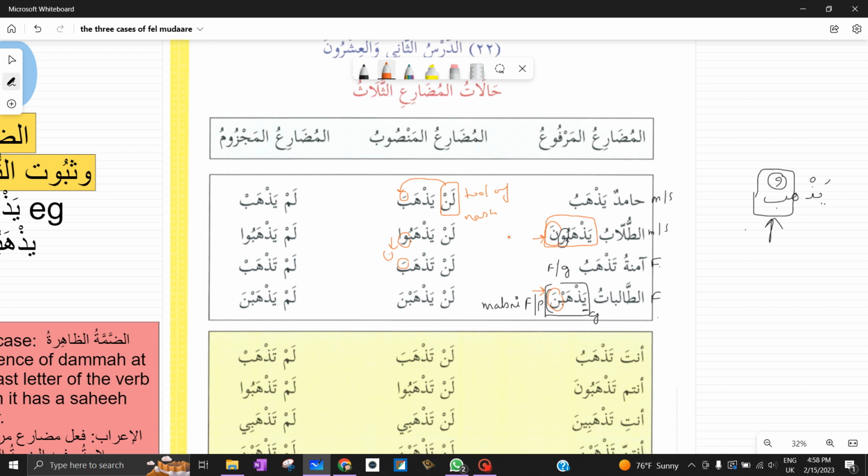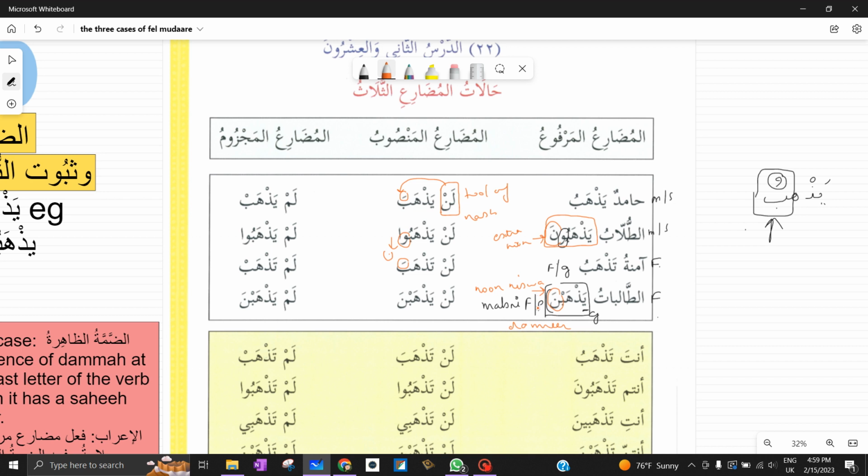This noon is called noon zaida, or extra noon. And this is known as noon niswa. This is actually a damir, and the name of this noon with fatha is noon niswa.